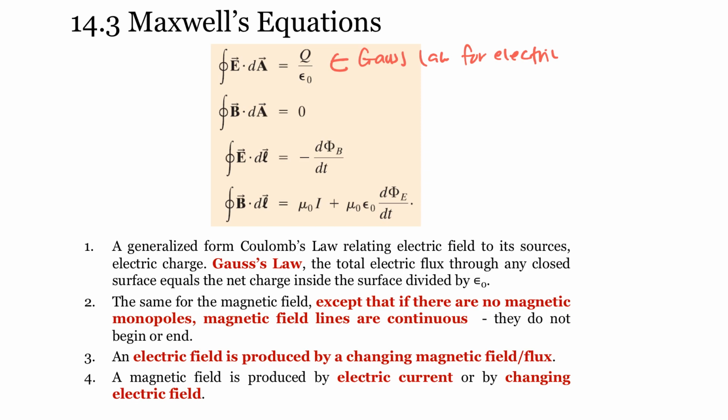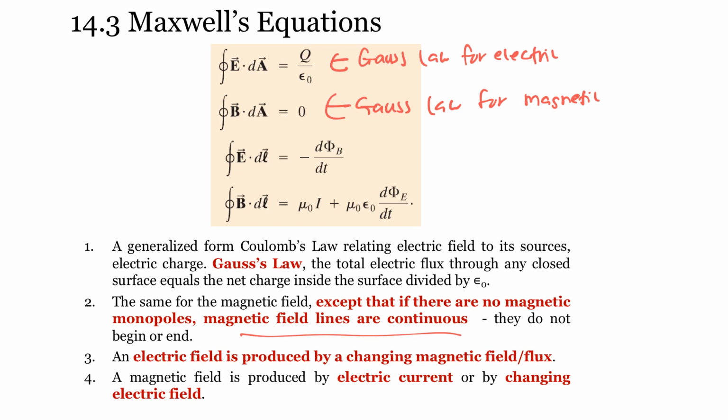However, when it comes to Gauss's law for magnetism, there's no magnetic monopole. Magnetic field lines are always continuous, and they do not begin or end like electric field lines do on charge.